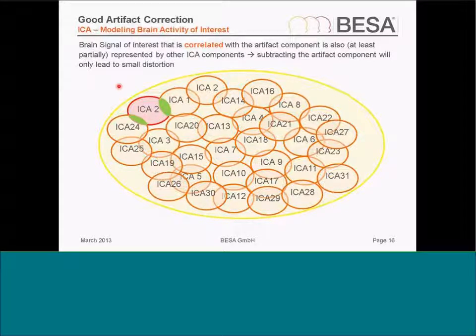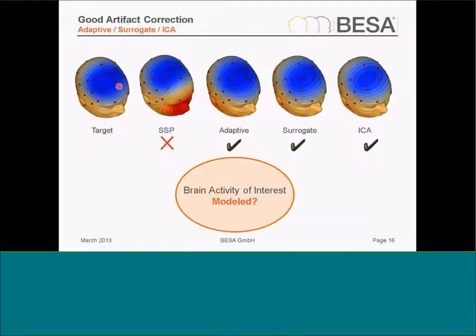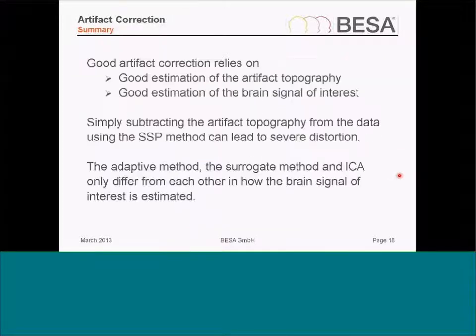So we'll only introduce a small distortion doing this. So in summary, we want to keep an undistorted N1 waveform in this case. That's our target, which we will not achieve by a simple subspace projection. That's a no-go. The other methods of artifact correction are all good methods of artifact correction.